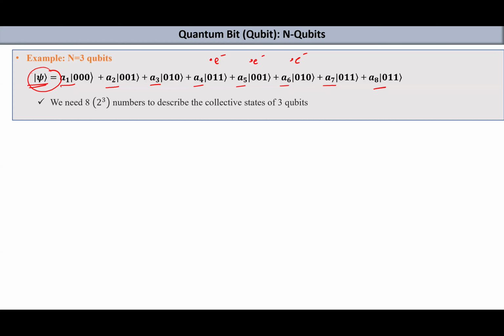I'm again repeating, I need 8 complex numbers, A1, A2 to A8, to describe the superposition state of 3 qubits. Whereas in the classical computer, if you have 3 transistors, you can store only 3 bits of information. Here you have 8 pieces of information.